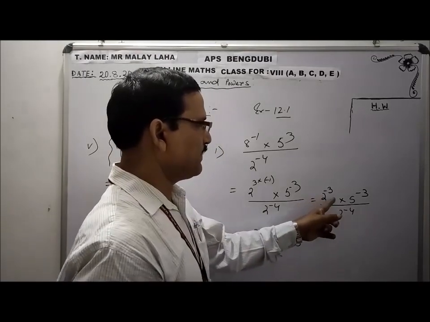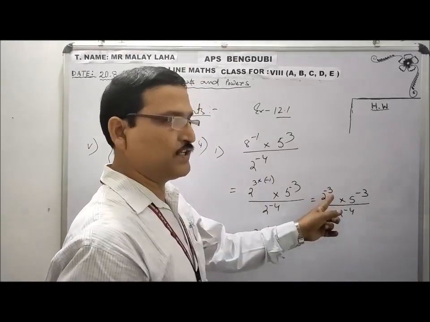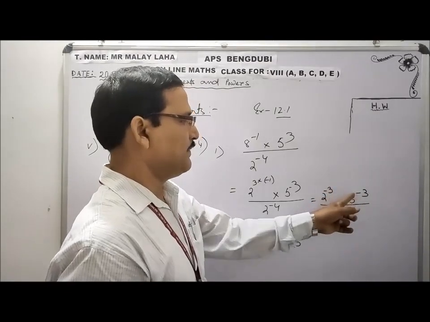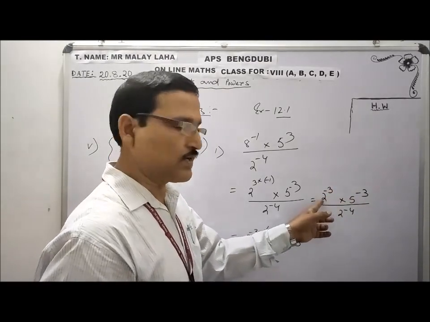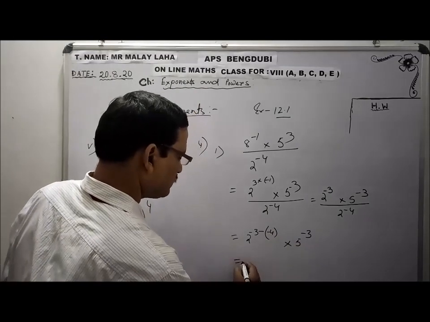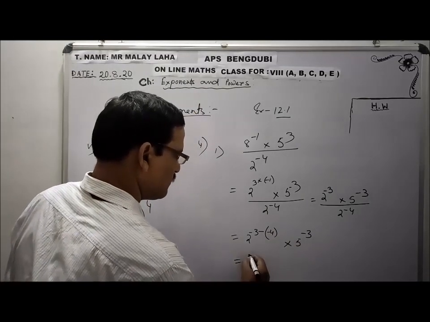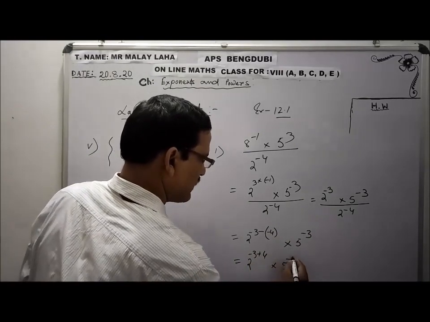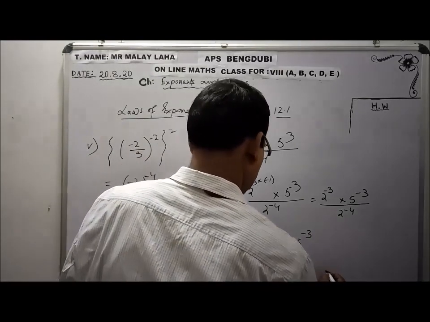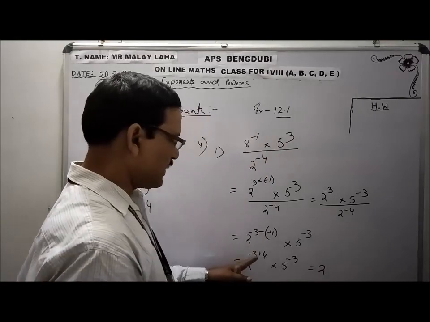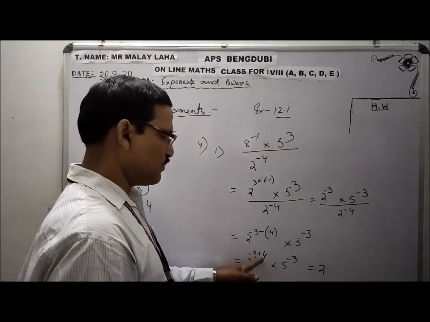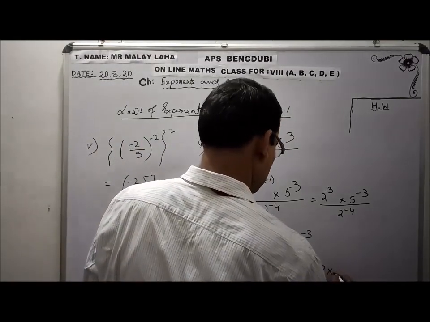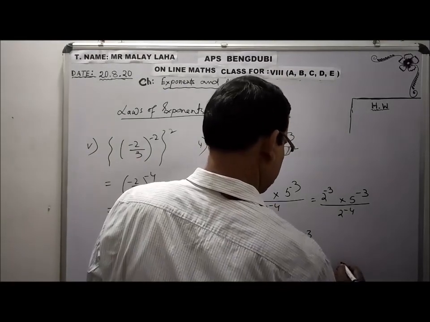If someone is multiplying these two, because of one of the distributive laws, when the power is the same, bases can multiply, that is also correct. So 2 raised to minus 3 plus 4 into 5 raised to minus 3. What is coming? 2 raised to plus 1, no need to write down the 1, into 5 raised to minus 3.